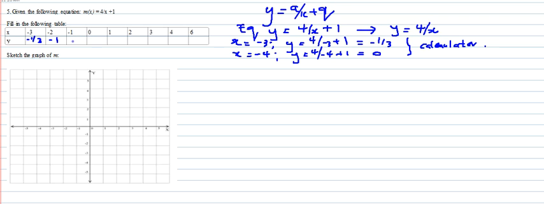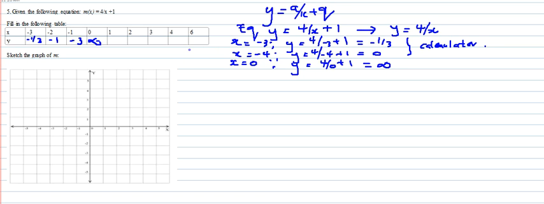When x is equal to minus 1, y is equal to minus 3. Let's test x equal to 0. We know from our knowledge of number systems that any number divided by 0 would be undefined. So we have undefined when x is equal to 0.